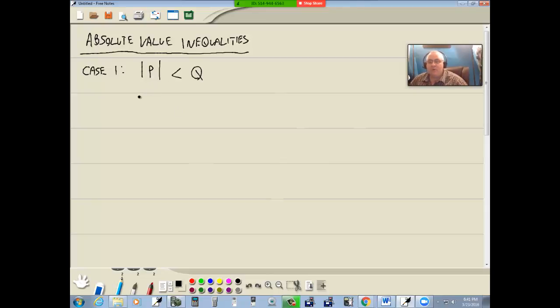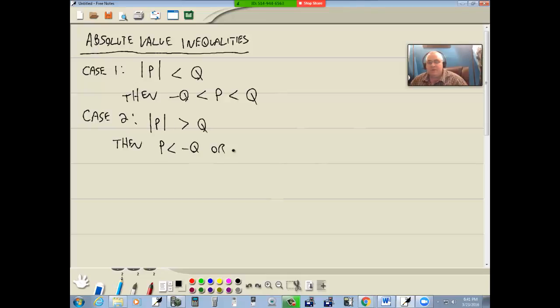If you got it in this form, then you can rewrite it as negative Q is less than P is less than positive Q. Now our second case, if you got the absolute value of something is greater than something else, then you can rewrite it as P is less than negative Q or P is greater than positive Q.